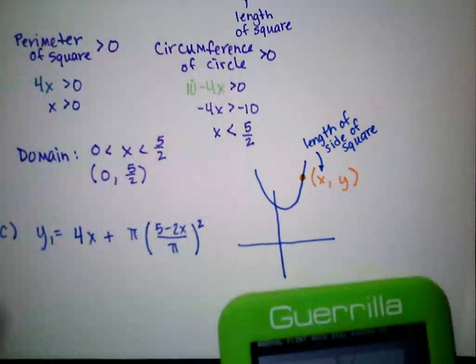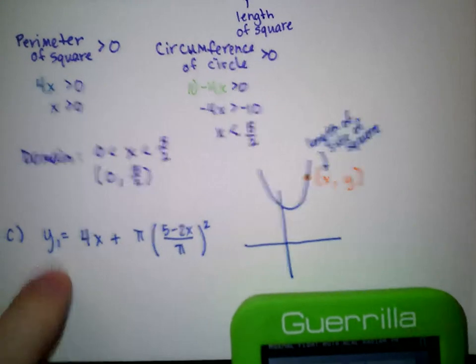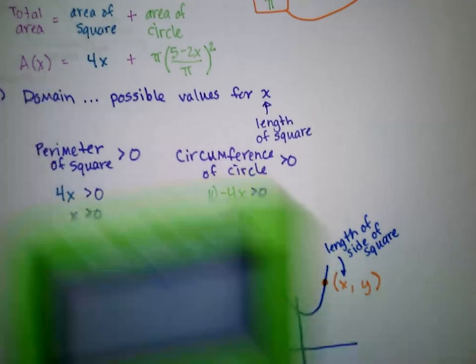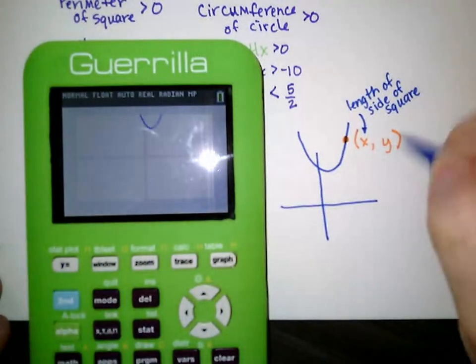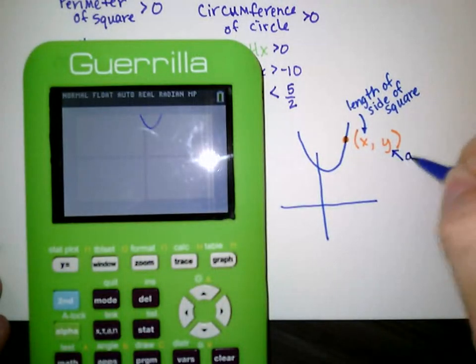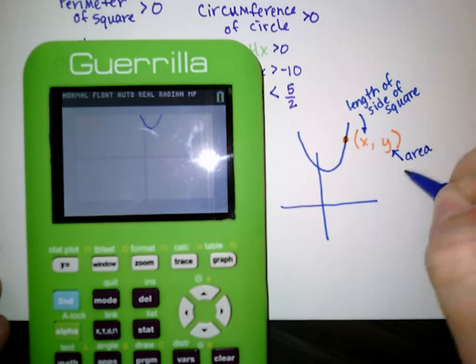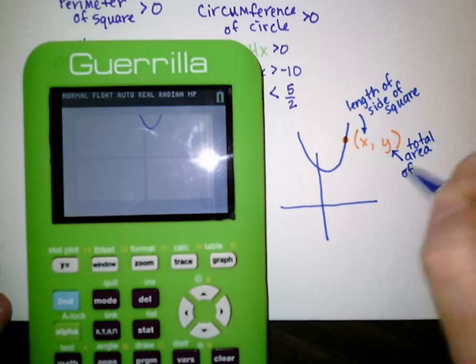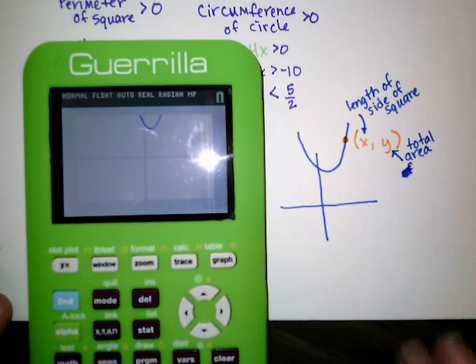And when we typed in our equation, y1 equals, that equation represented the area. So our y coordinates are going to be the area, not the area of the square, the total area. We'll just leave it that. Total area that's enclosed by the wire.